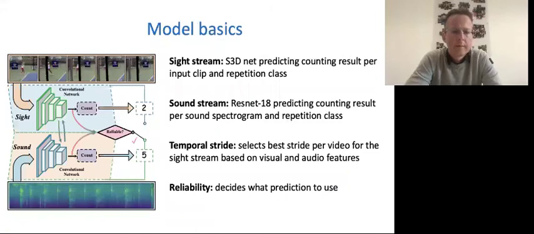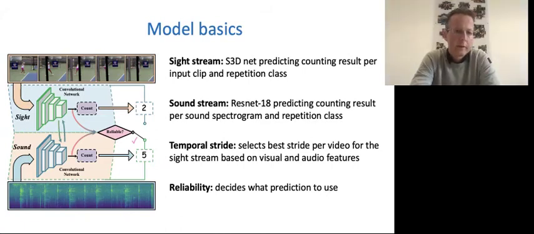Now, this is the basic model. So from the highest level, it has a sight stream, which is simply an S3D net that predicts the counting result per input clip and repetition class. And repetition class is a sort of latent number of classes that are optimized during training, where you try to fit a video into one of these latent classes and then predict the number of repetitions.